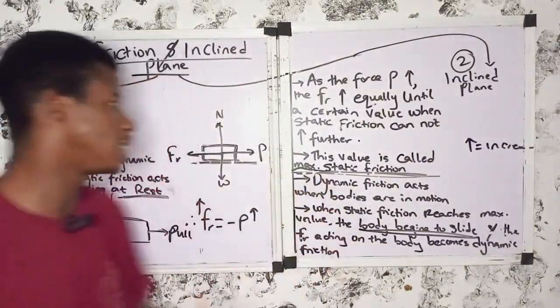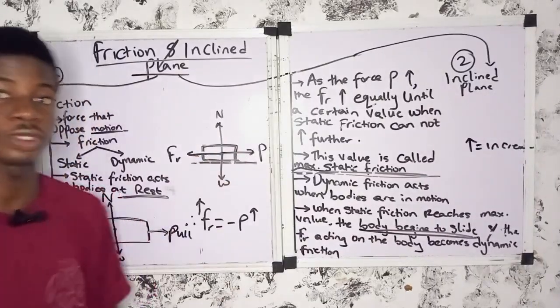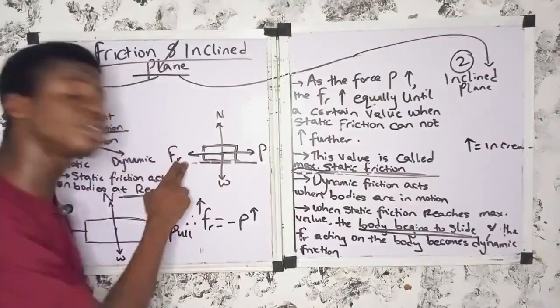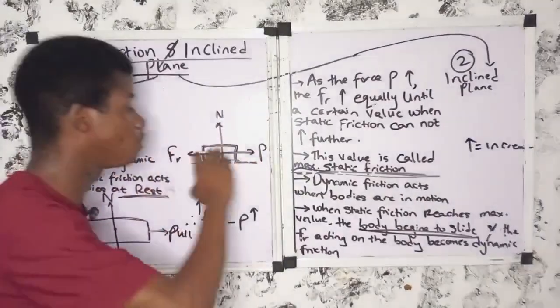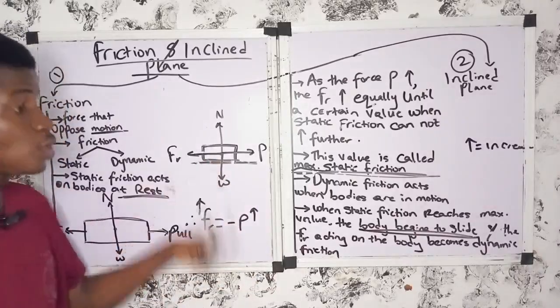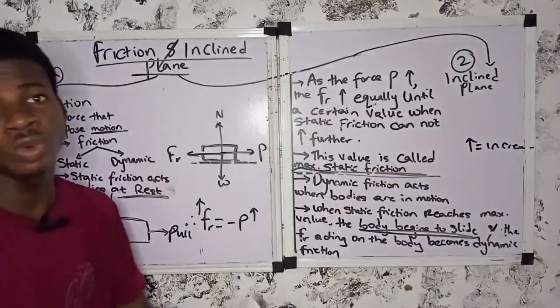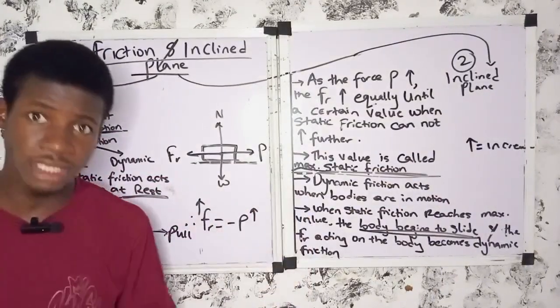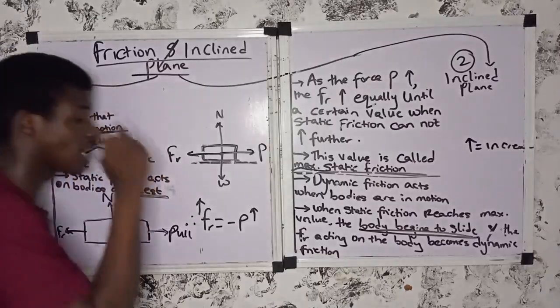Now let me explain again. Let's say the body is stationary because of this frictional force. Now let's say we apply a pull force, trying to pull the body towards this side. There's an equal opposite force resisting the motion. That equal opposite force is known as static friction.